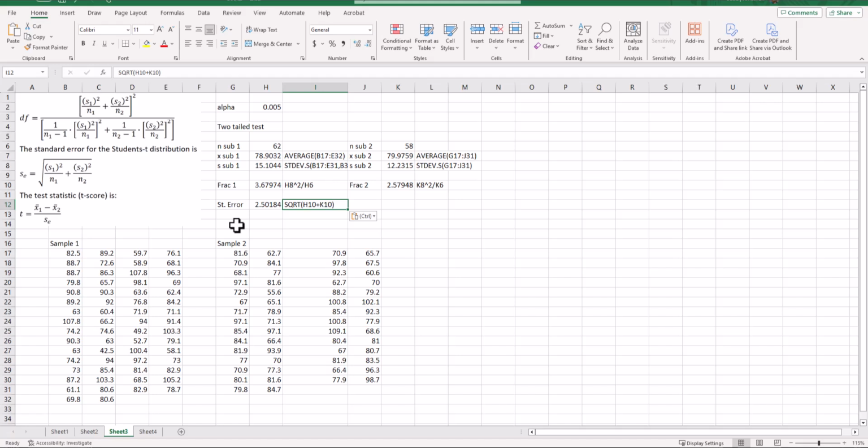So now for our test statistic, keeping the same order as what we have had, we take, and we need a grouping symbol on the top, x bar sub 1 minus x bar sub 2, and divide by the standard error.